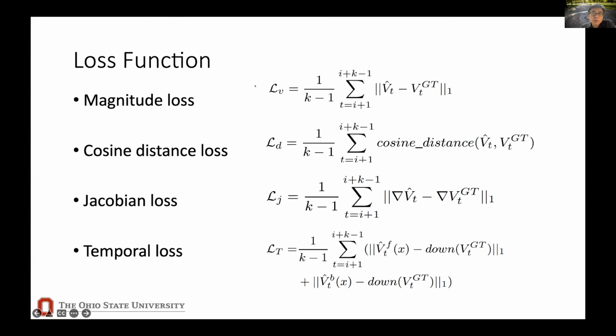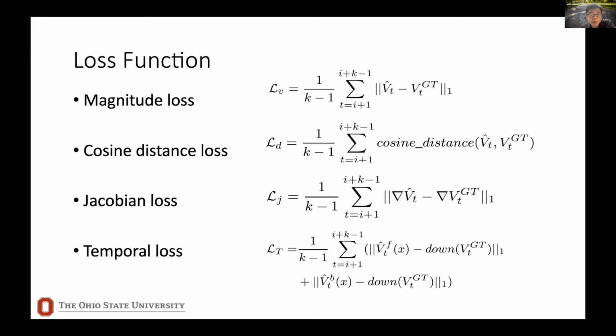For vector data, you really need multiple loss functions. For example, you want to make sure you do a good job reconstructing the magnitude. You want to make sure the direction is matched, which can be done by cosine distance. And a lot of the time, given the velocity field, you also want to make sure the gradient field is the same.